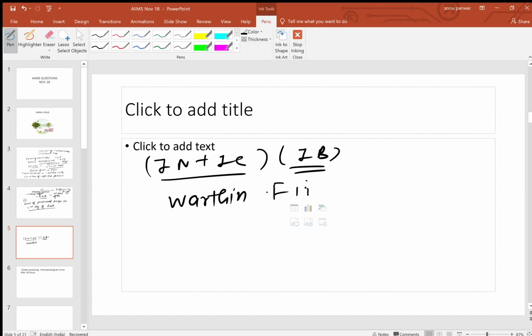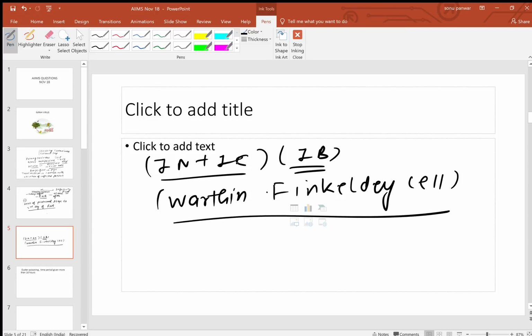Okay, Warthin-Finkeldey cells, and this question can definitely come. Intranuclear as well as intracytoplasmic inclusion bodies are features of measles, and I think this might be a NEET exam question also. Fine, so remember this particular thing also.